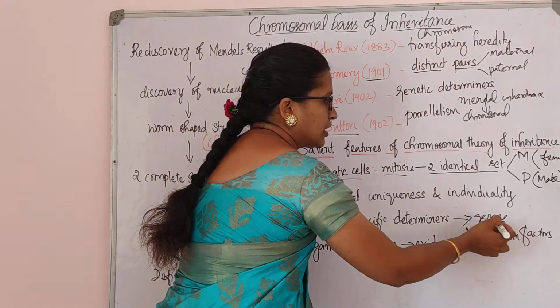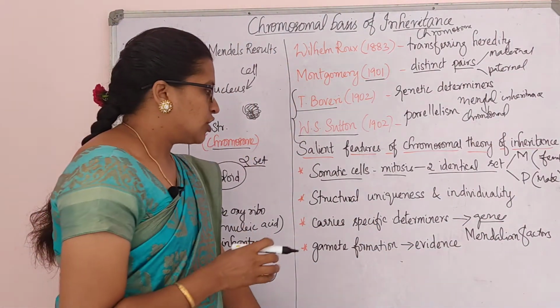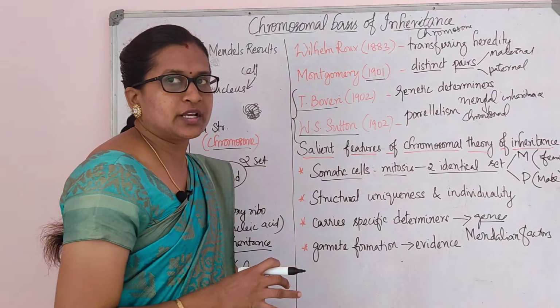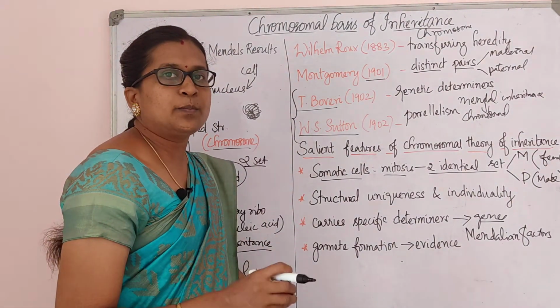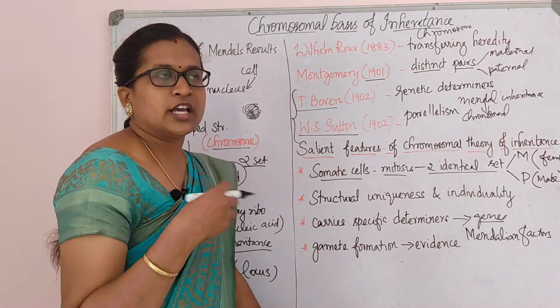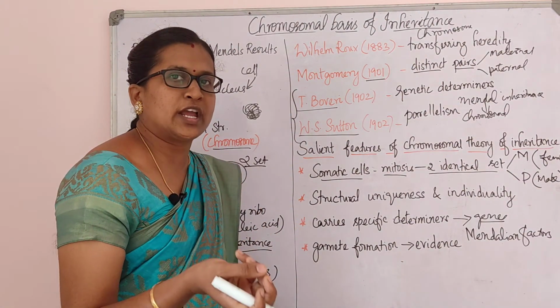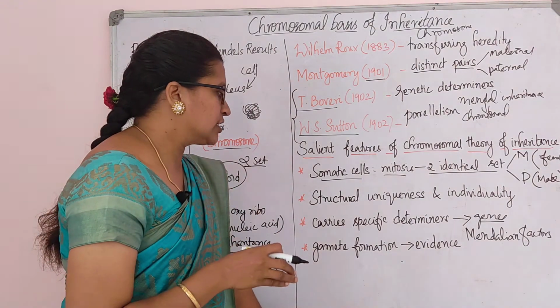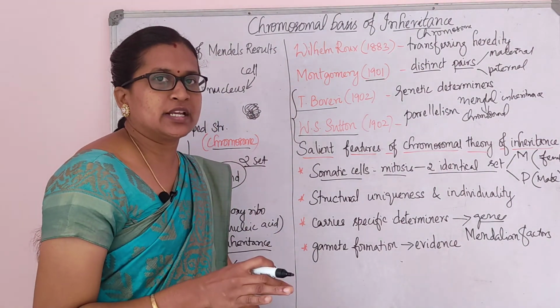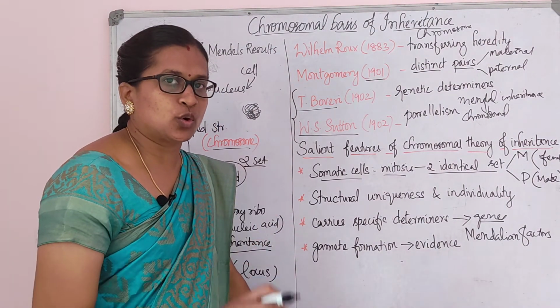Later we came across them and they were named genes. So these are the specific determiners. These determiners help us express our characteristics, in plants, animals, humans, anything. These are specific determiners present in the chromosome.